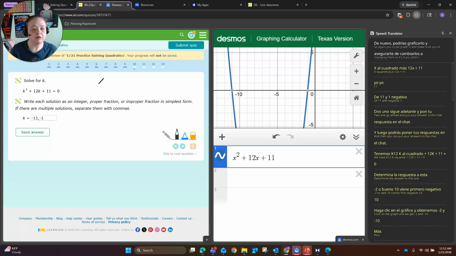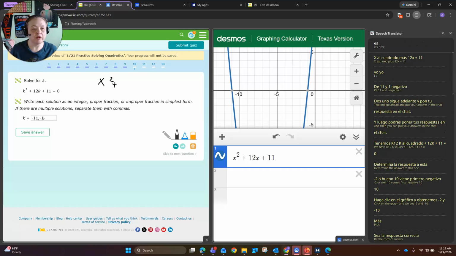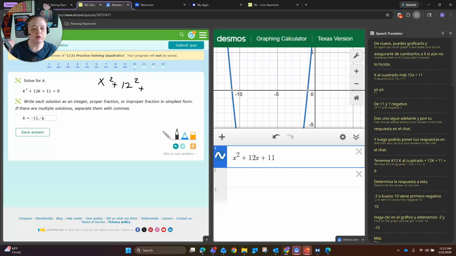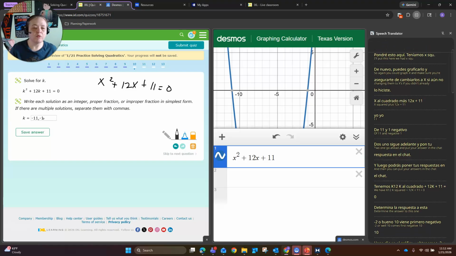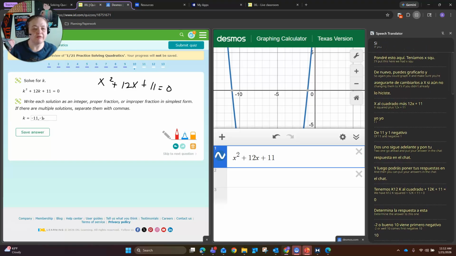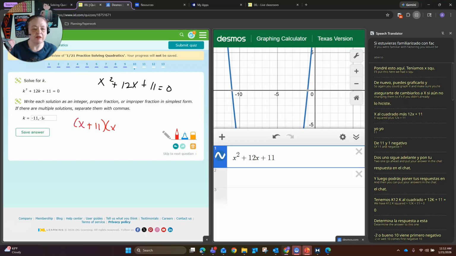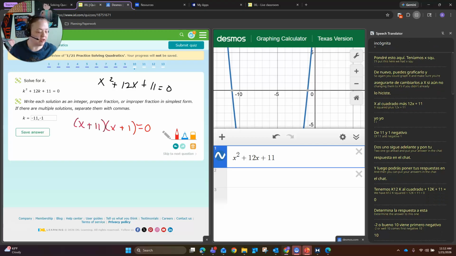So we had x squared plus 12x plus 11. If you were familiar with factoring, you would be able to find that this is x plus 11 times x plus 1. And then you could use the zero product property there if you factored it.